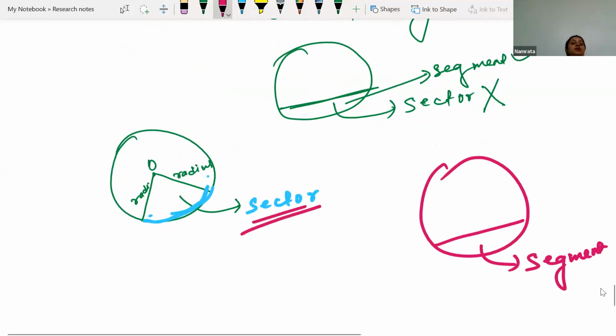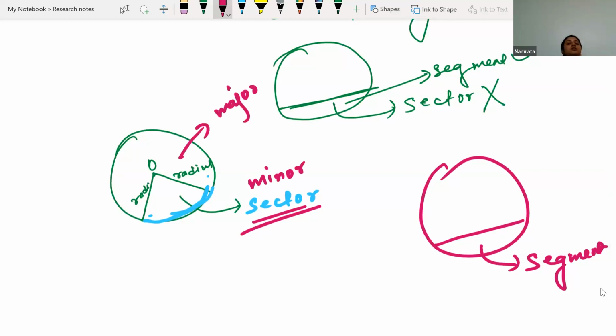Here also we will be talking about the minor sector and the major sector. We get the sector of the circle when we draw two radii and the arc. This is the area bounded by radius and the arc, whereas segment is the region bounded between the chord and the arc. So this is the difference between sector and segment.